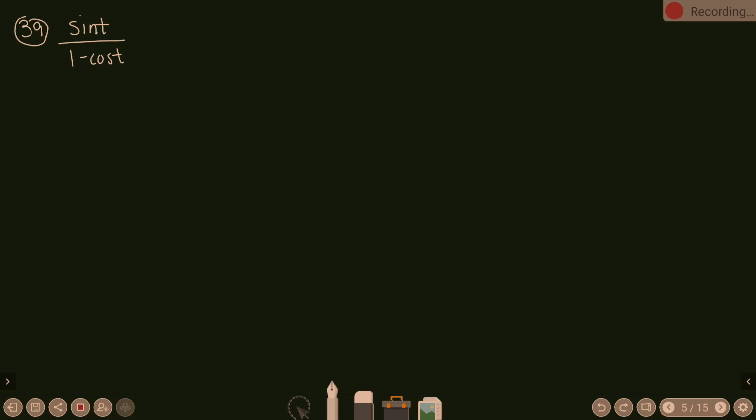Plus cosine t over sine t. And then we are trying to make it equal to times 1 plus what? Cosine t over sine t.